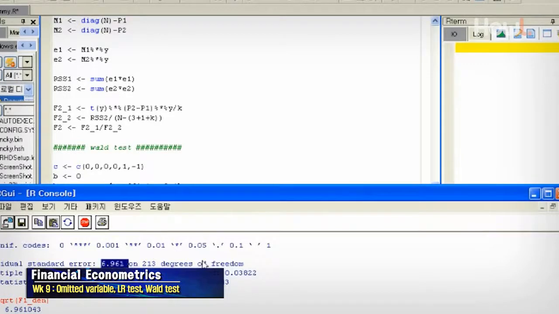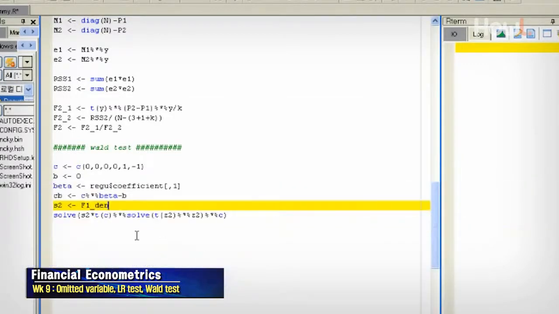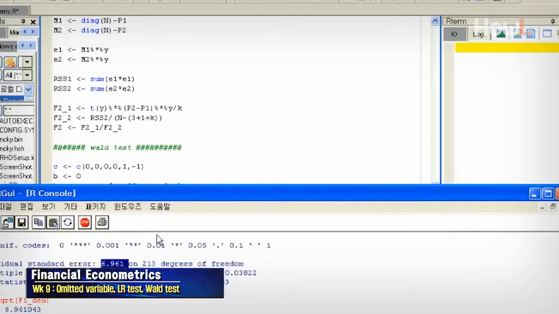Okay, they are the same. So S squared is this one. So we are almost done.